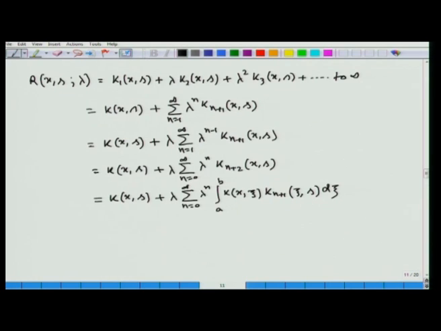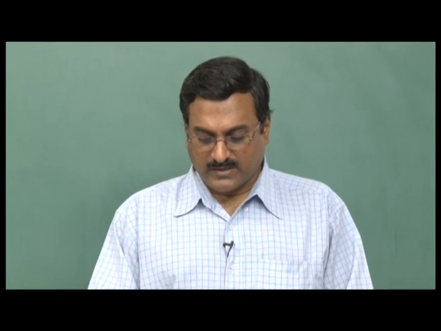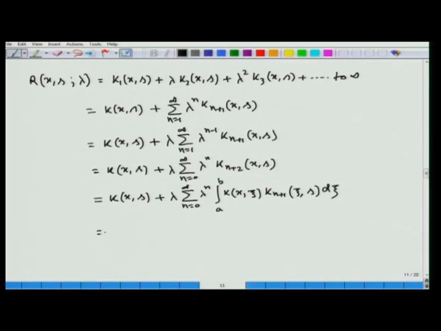Now, already we have proved the uniform convergence of this part. So, therefore, we can interchange the summation and integral sign. So, after interchanging, you will have K(x, s) plus lambda, then integral a to b K(x, xi), then sigma n running from 0 to infinity lambda to the power n K_{n+1}(xi, s) d xi.